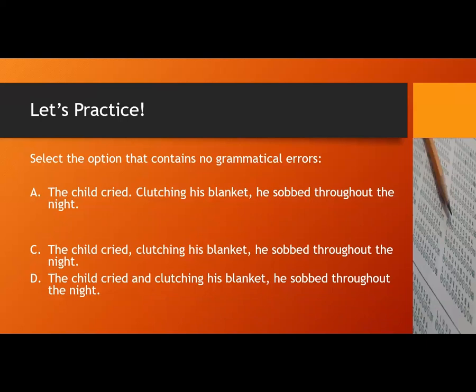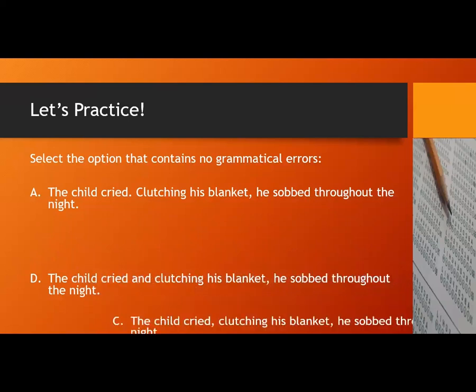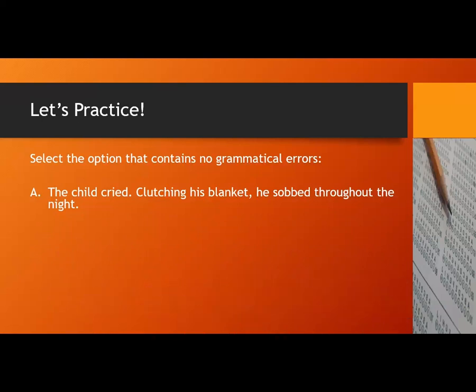This creates a comma splice, which is a grammatical error, so C is out. And option D has joined the two independent clauses with a conjunction. However, there is no comma before the conjunction, which creates a run-on, and that's a grammatical error, so D is out. Therefore, option A is the only grammatically correct option of the bunch.